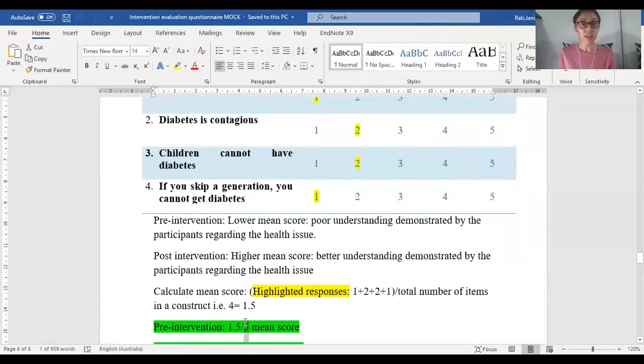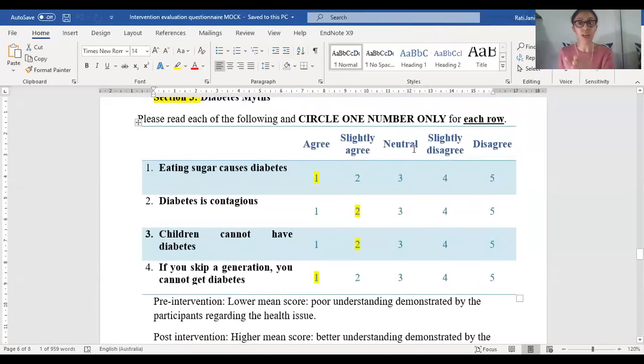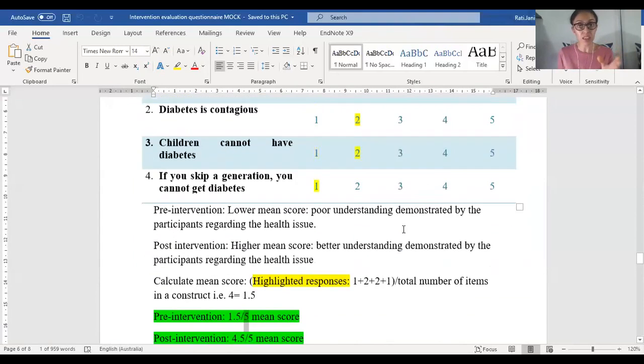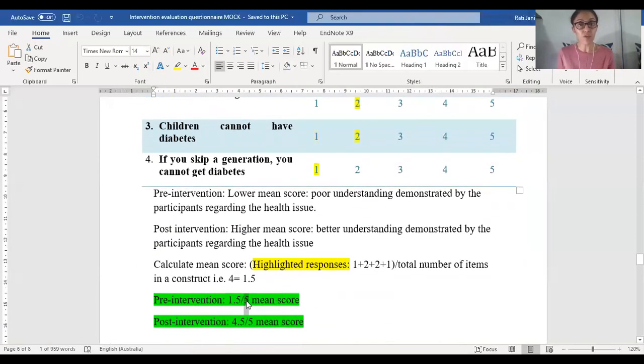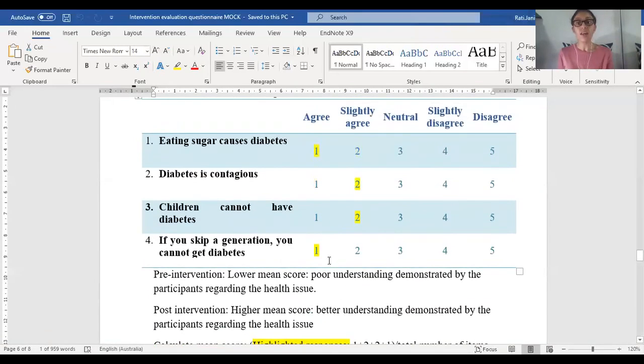What is this 5? This 5 is the 5-point Likert scale. Does that make sense? The denominator 5 over here is based upon the 5-point Likert scale, which is consistent for all of you guys. All of you have the same denominator, which is 5. This is how you calculate your mean score pre-intervention.